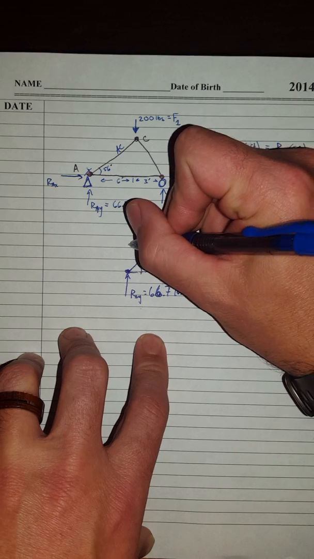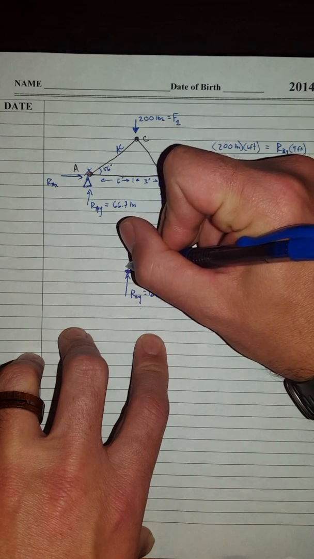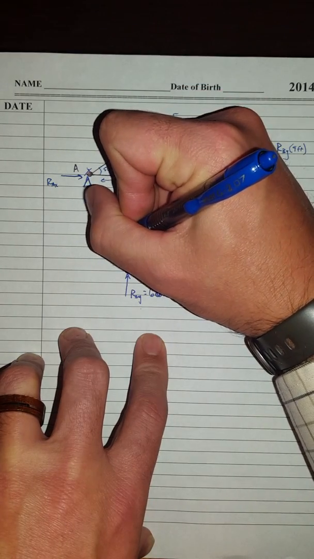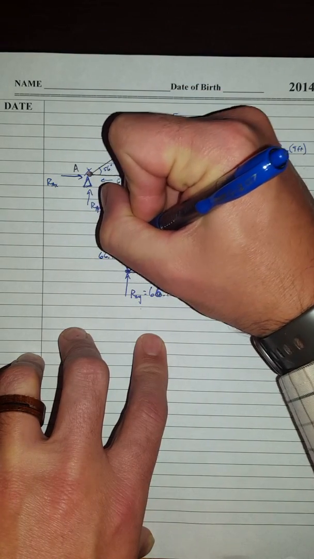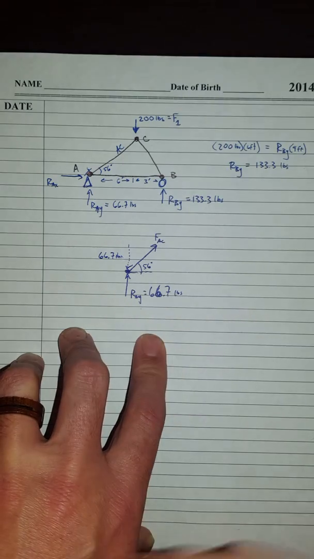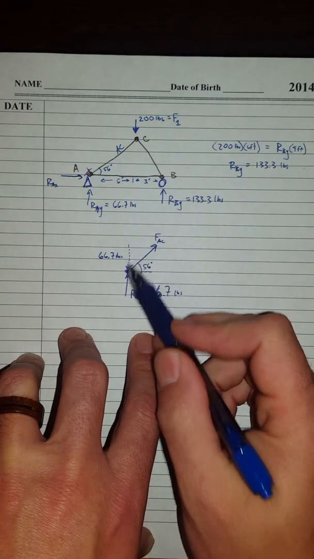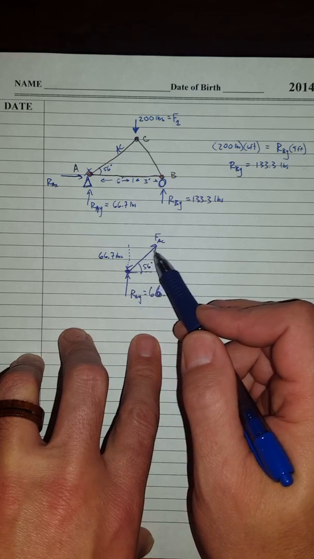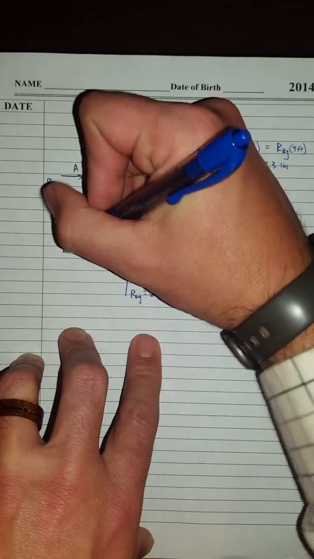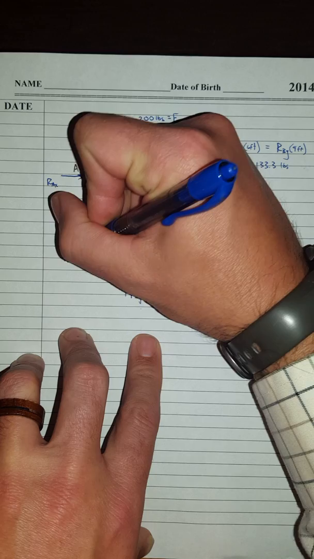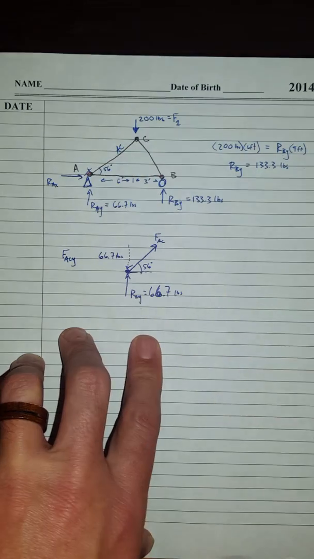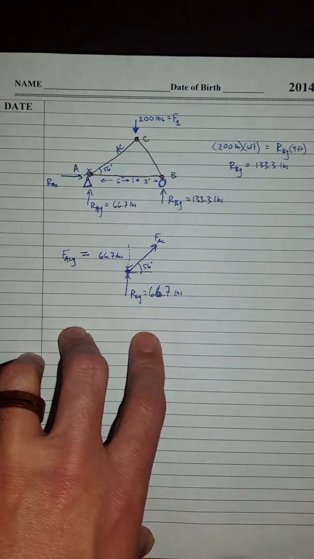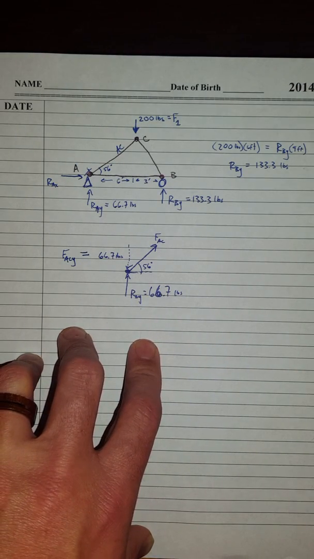So there has to be some component of a force pointing down right here that also has a magnitude of 66.7 pounds. As we mentioned in class, that thing pointing down is the vertical component of this force AC. So that is force AC in the Y dimension, and it has to equal 66.7 pounds.